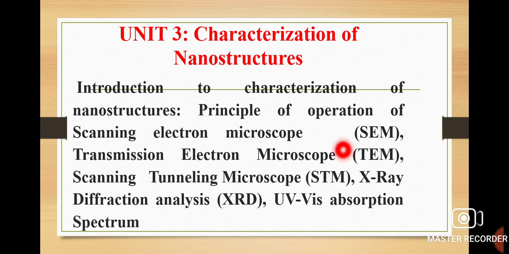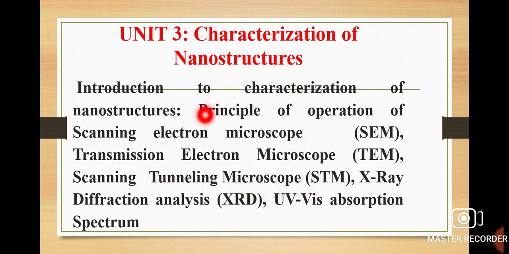The first point is introduction to characterization of nanostructures, principle of operation of scanning electron microscope. This is one of the devices which is used to characterize your nanostructure. Next is transmission electron microscope, scanning tunneling microscope, XRD, that is X-ray diffraction analysis, and UV-visible absorption spectrum.